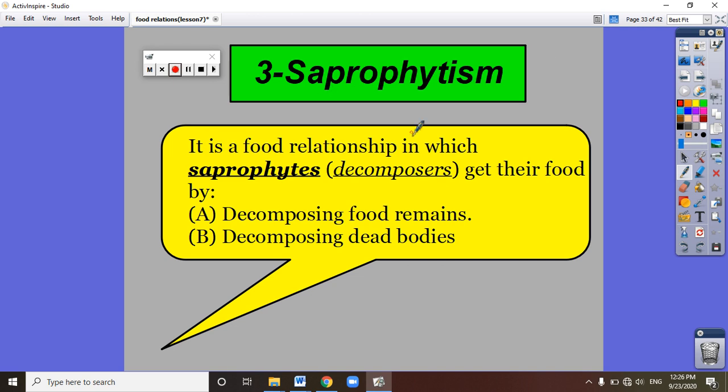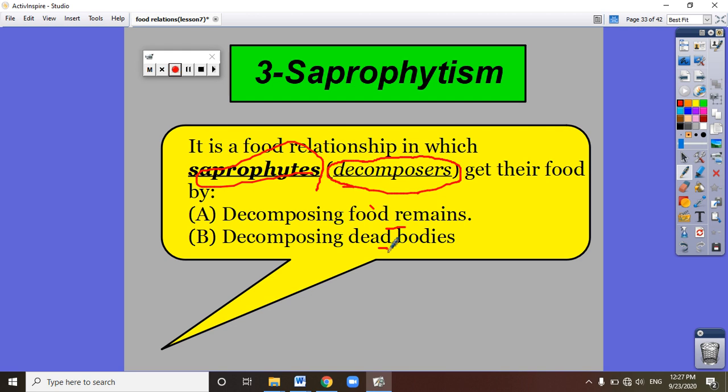In the saprophytism food relationship, we have the saprophytes or the decomposers. Do you remember the decomposers that we took in primary 4? The decomposers feed on the remains of the dead bodies, on the remains of food or dead bodies.